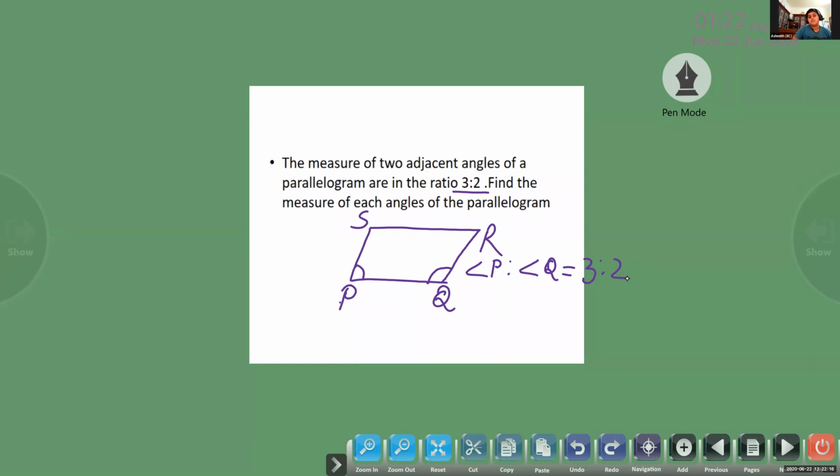Correct. So we can write angle P plus angle Q equal to 180 degrees. Write the reason in bracket. What is the reason? Adjacent angles of a parallelogram.